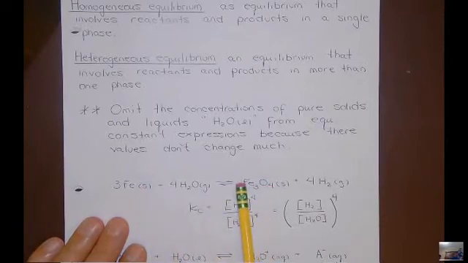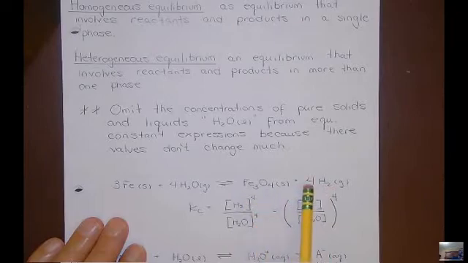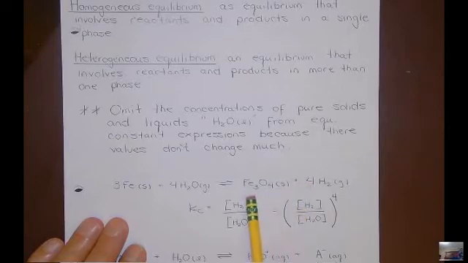So let's take a look at this. When I look at the products, the only product that I have that's a gas is hydrogen, right? So this is a gas phase equilibrium. So I need the concentration of any gas phase products. So that's hydrogen. Why is it raised to the 4th power? Because this coefficient is 4. Okay? So the coefficients become the exponent.